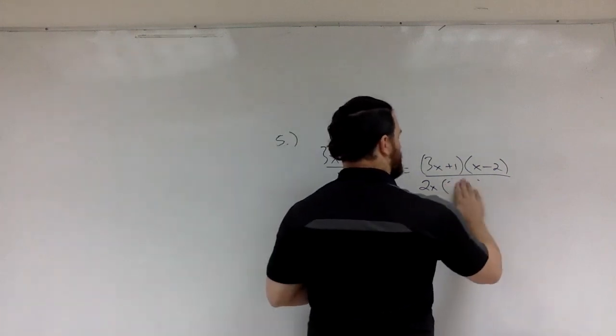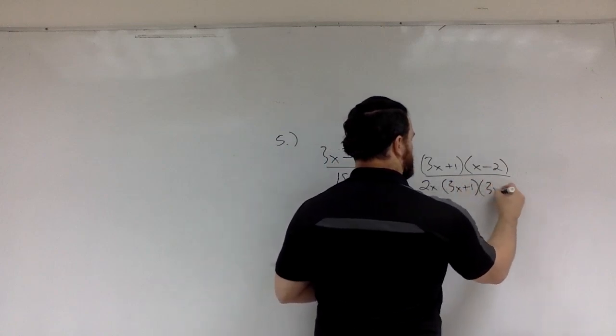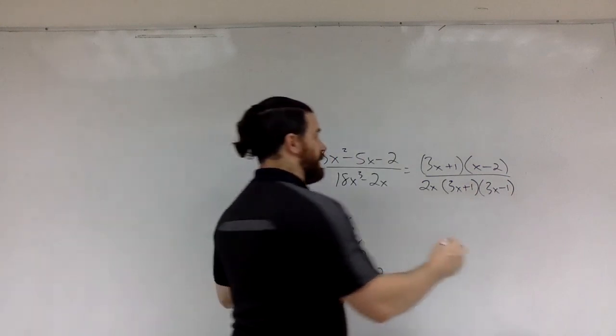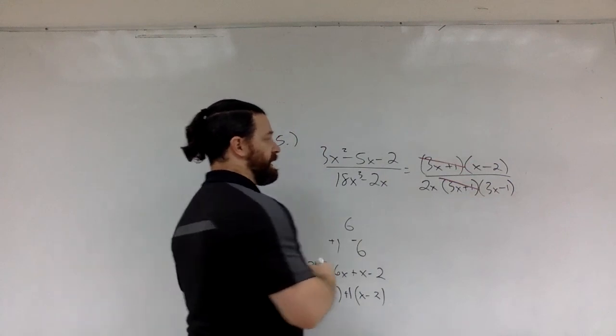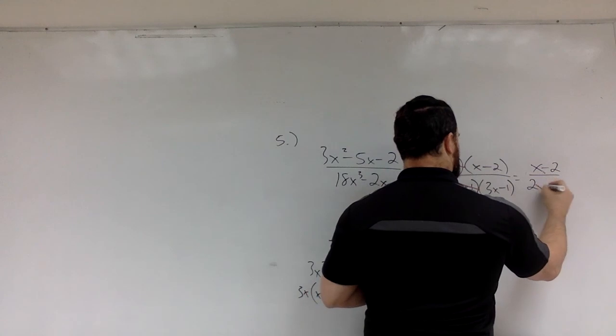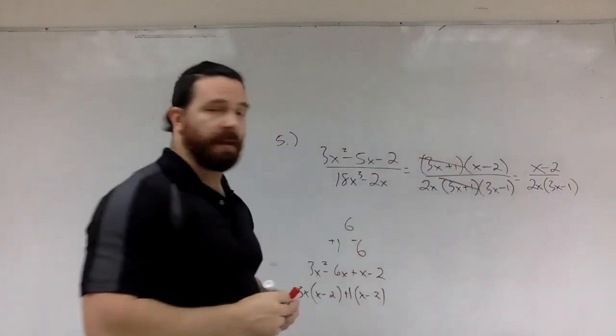So let's change that. And so now I can go ahead, cancel this with this, and there's nothing else I can cancel. So I'm left with x minus 2 over 2x, 3x minus 1, and there's my final answer.